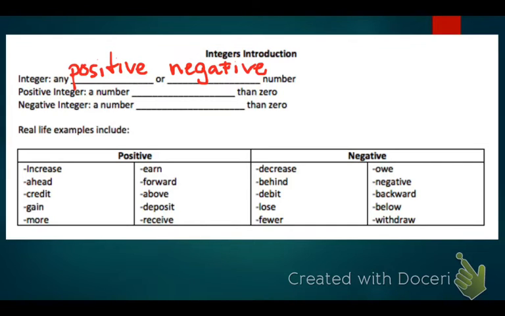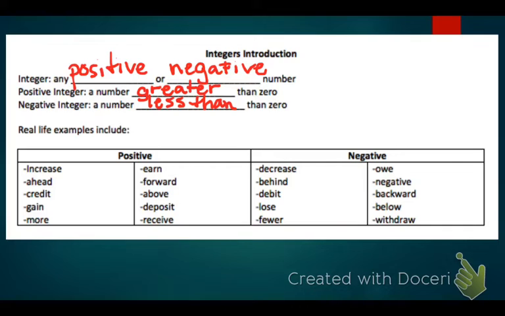A positive integer is a number that is greater than 0, and a negative integer is a number that's less than 0. And speaking of 0, 0 is neither positive nor negative.